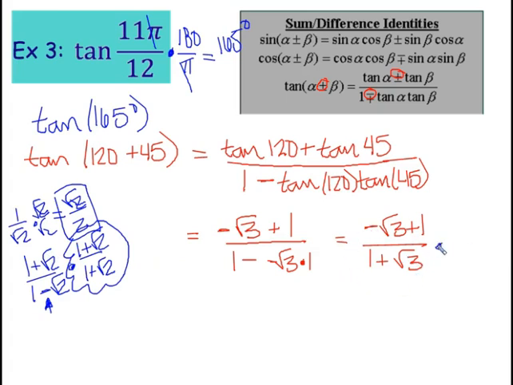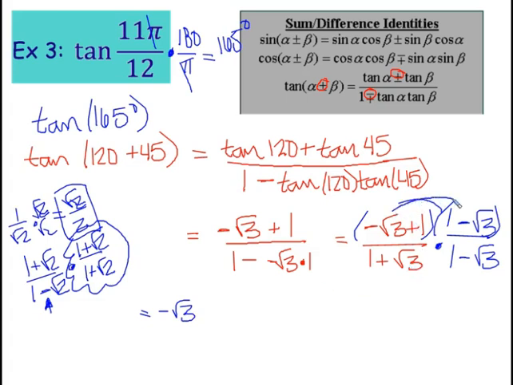So let's multiply this by the conjugate. Instead of 1 plus the square root of 3, we want 1 minus the square root of 3 up top and on the bottom, keeping our fraction balanced. So let's see what we get when we do our distribution. We have this quantity times this one. Negative square root of 3 times 1 is negative square root of 3.